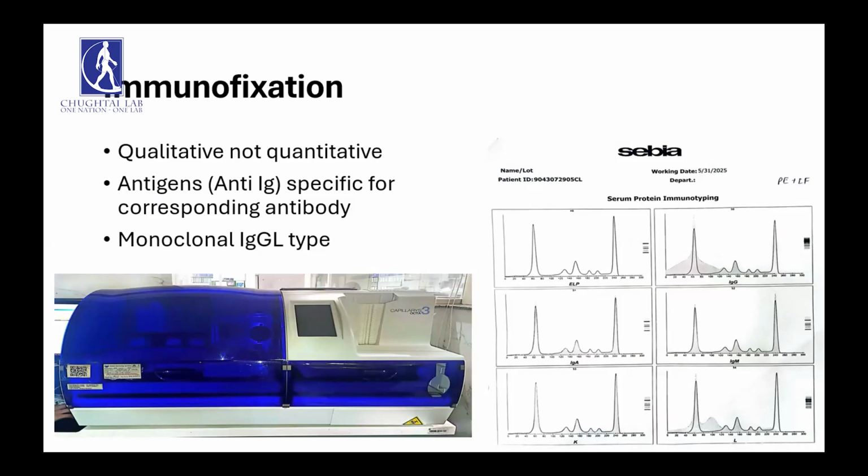In immunofixation, we use another reagent. This reagent binds with the monoclonal protein that is present in our body. As we can see in the electrograph, there is a clear shadow in the case of IgG and in the case of lambda.